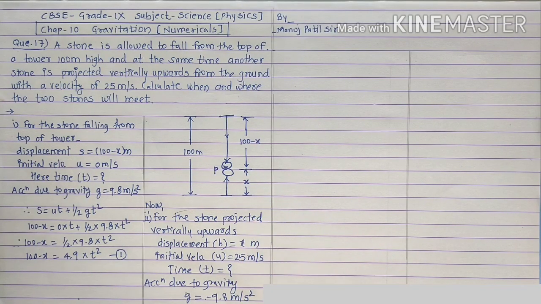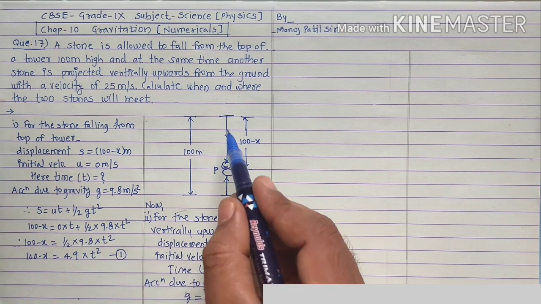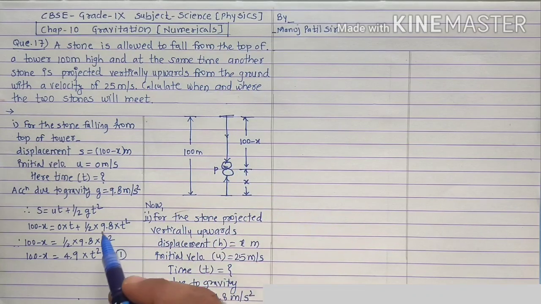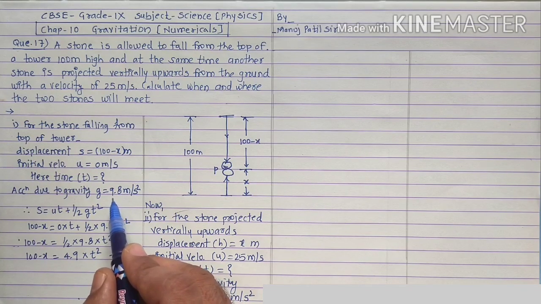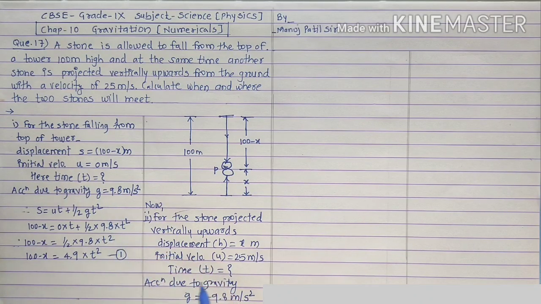So therefore g will be minus 9.8 meter per second square. But in the other case, when the stone is falling down, its velocity will continuously increase. Every second its velocity is going to increase, and therefore g will be positive, that is plus 9.8 meter per second square. Okay dear students, I think you understood this much.